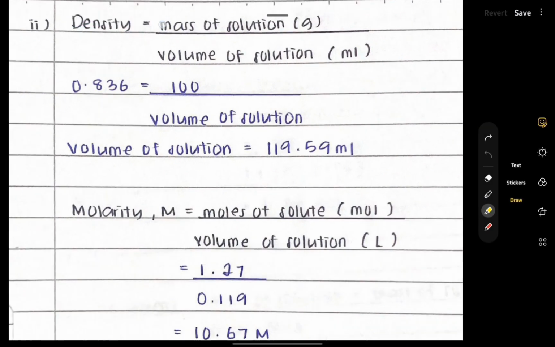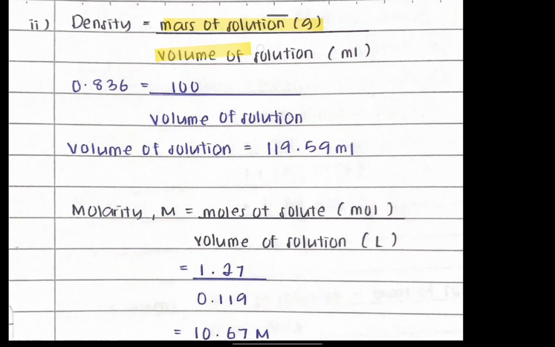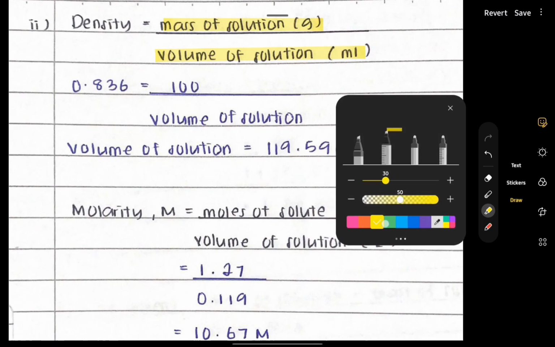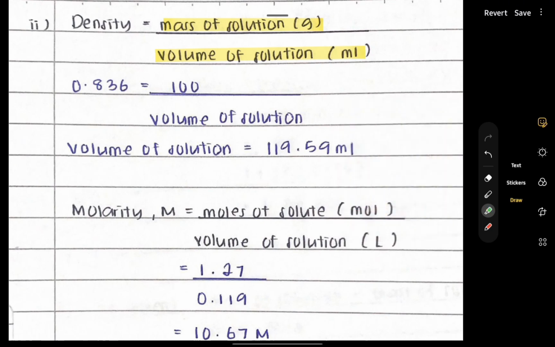By using the formula of density, we substitute the values. Then we got 190.59 milliliter for the volume of solution.